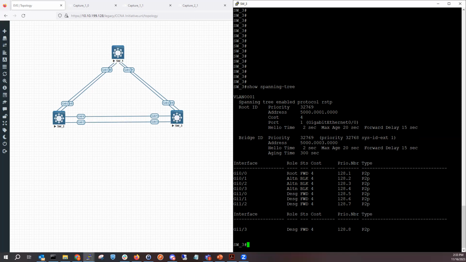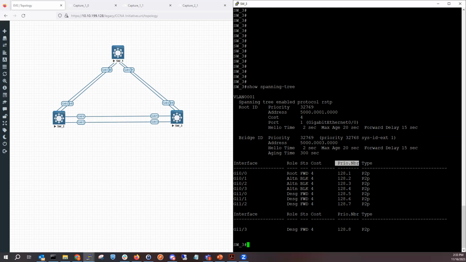Who has the lower cost? And then, something I didn't show you in spanning tree but I'm going to show you in RSTP, the priority number. We're going for the lowest priority number. That is our absolute tiebreaker.